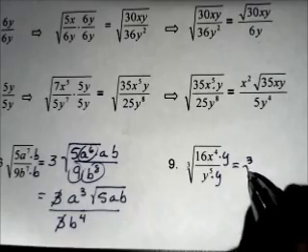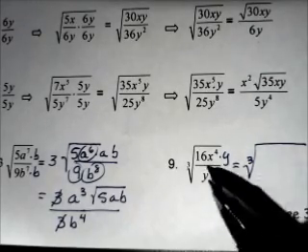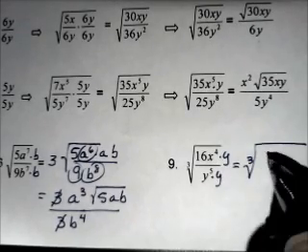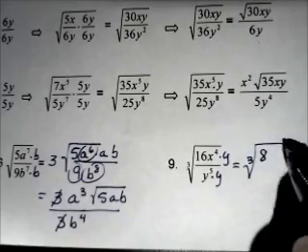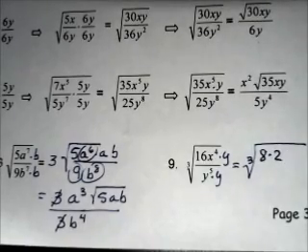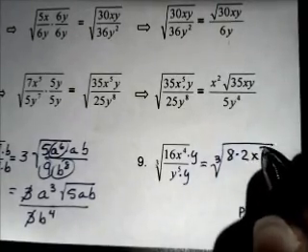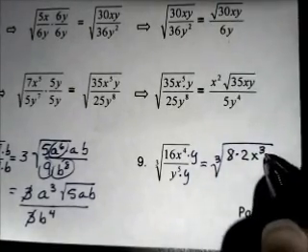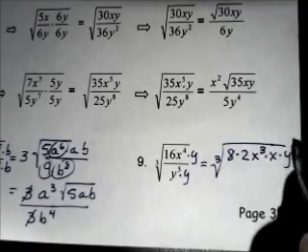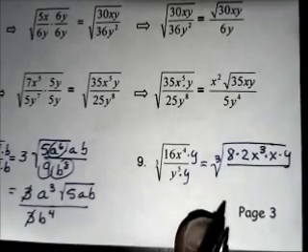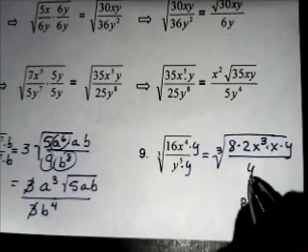So this is a cube root of, what part of 16 is a perfect cube? 8. So I'll factor 16 as 8 times 2. x to the 3rd times x times y over y to the 6th.